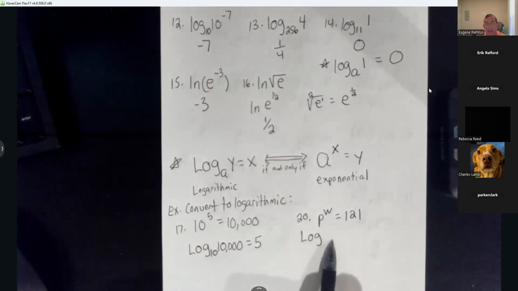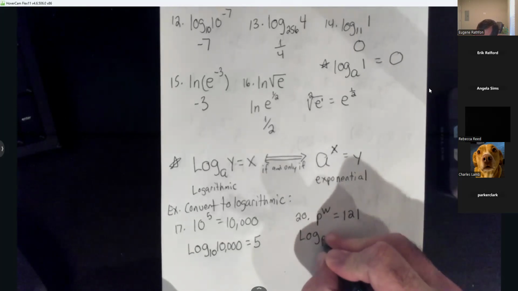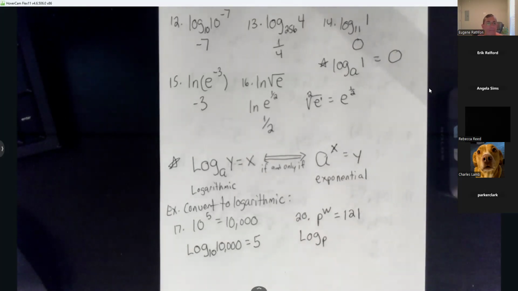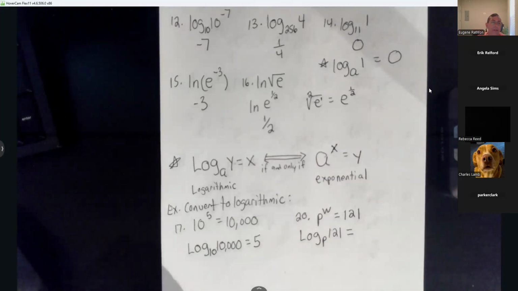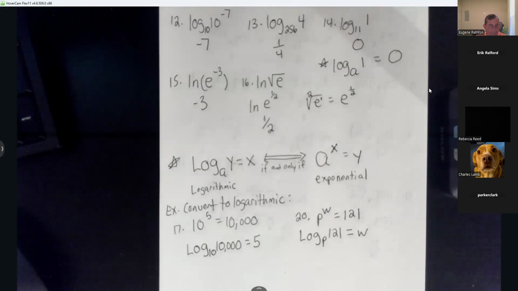All right, y'all, what's the base of this logarithm going to be? All right, that's a t. What's the result going to be right here? All right, 121. And that's going to equal your exponent of w. Good job.